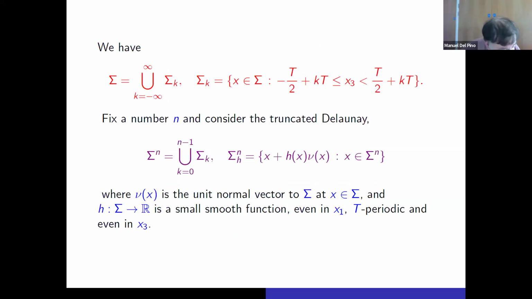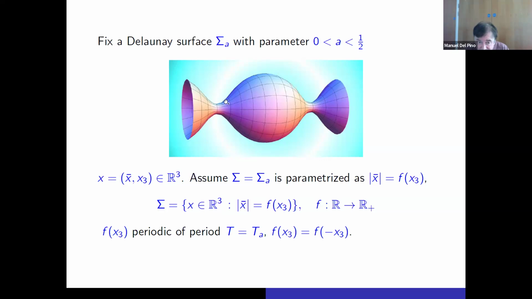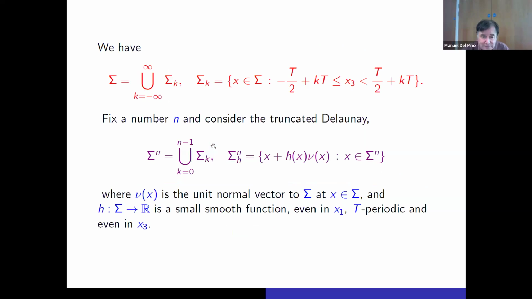Now, the total surface can be written as the union of cells, like in this picture. The cell is the piece that goes from the smallest neck to where the largest size is achieved, to the other side. This is a cell, and I will call that cell sigma k.